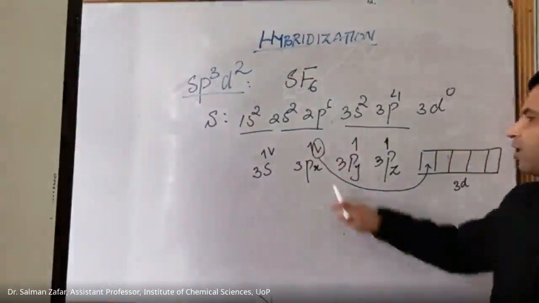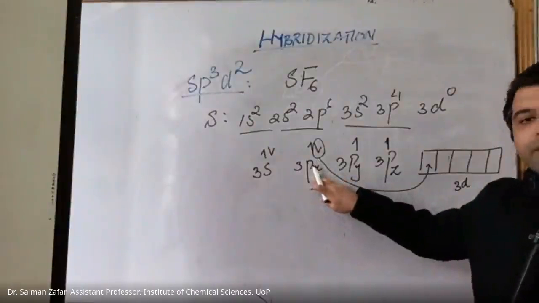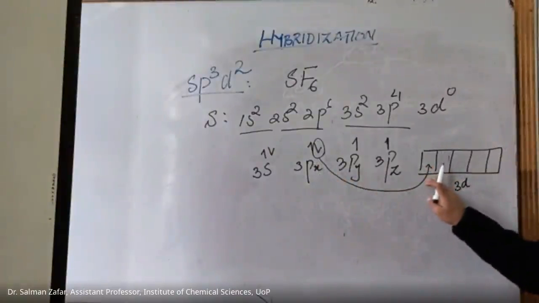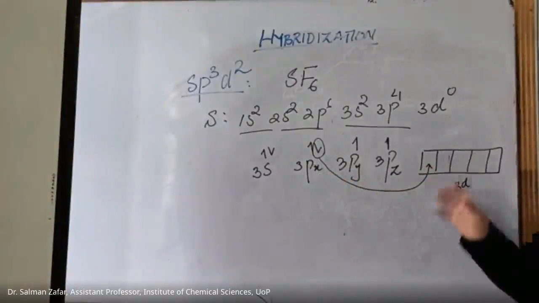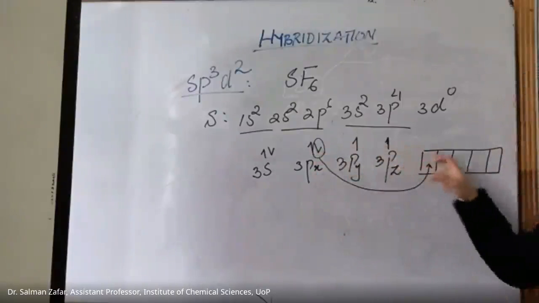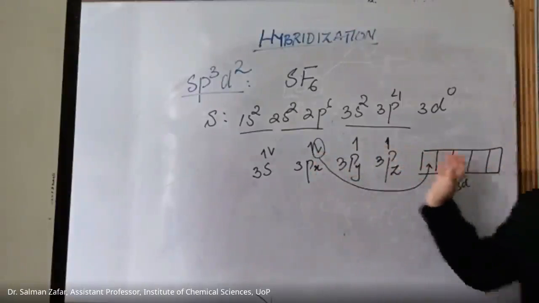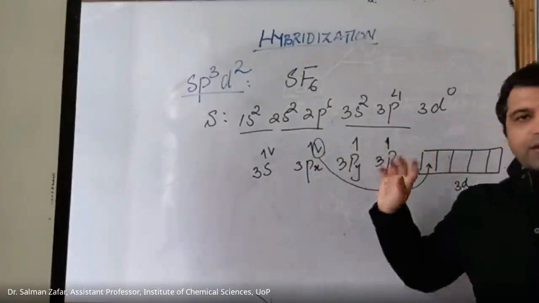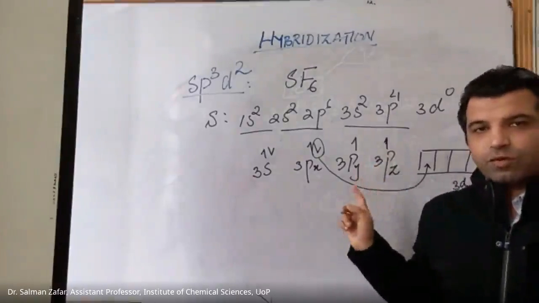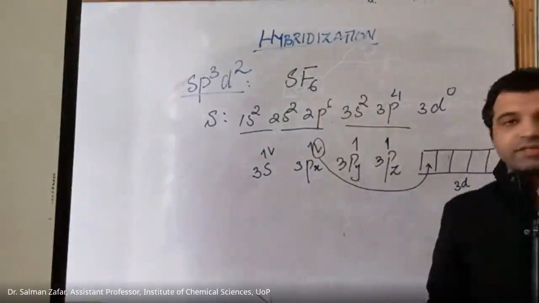So now we are left behind with an unpaired electron in the 3px and an unpaired electron in the 3d orbital. So how many unpaired electrons do we have now? 1, 2, 3, 4. So now we have 4 unpaired electrons. And that was the case in SF4. But now we have SF6.